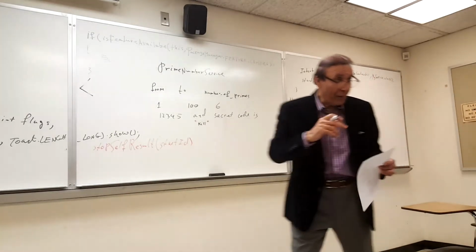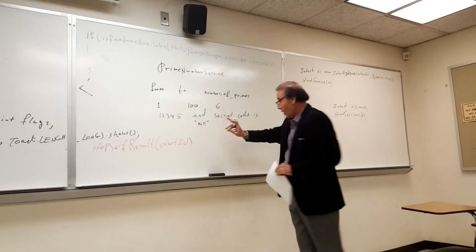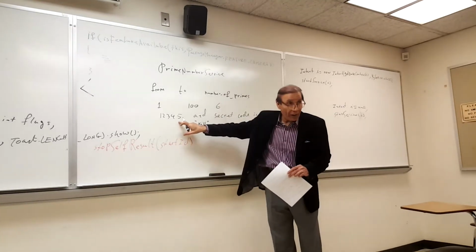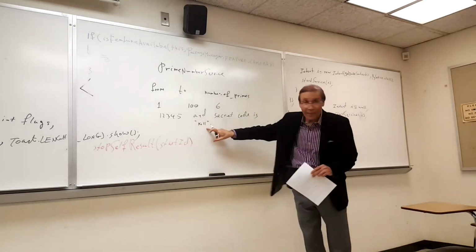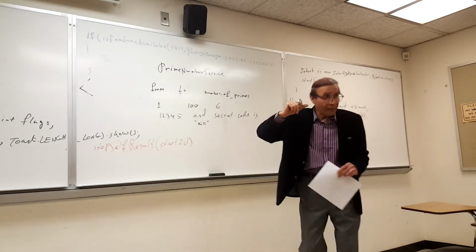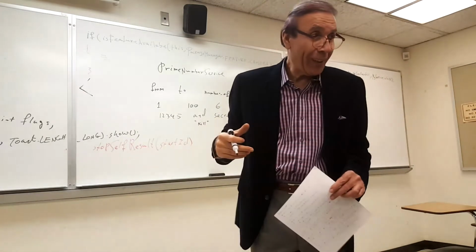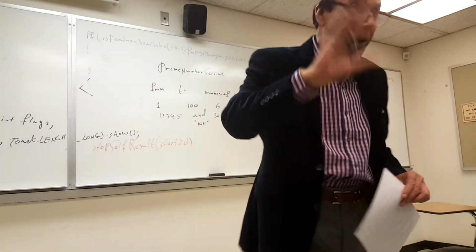So if we send 1, 2, 3, 4, 5 and send the secret code kill, the service is gonna stop itself. Okay? Otherwise, keep going.